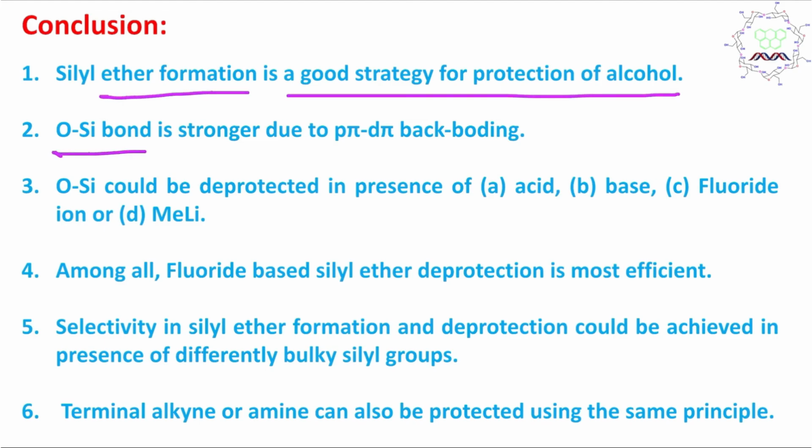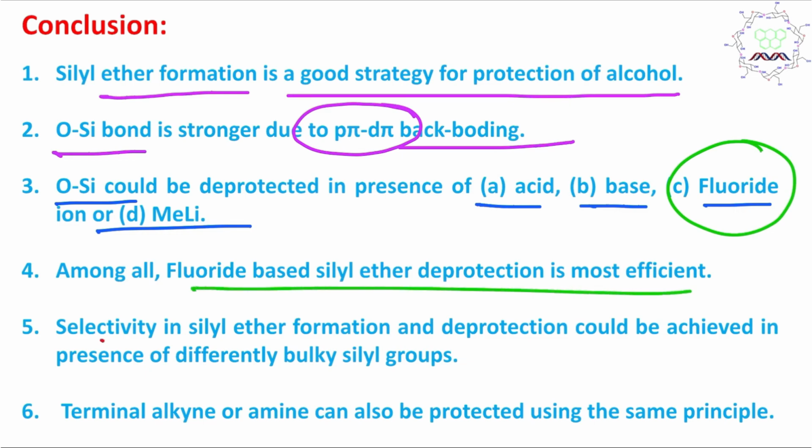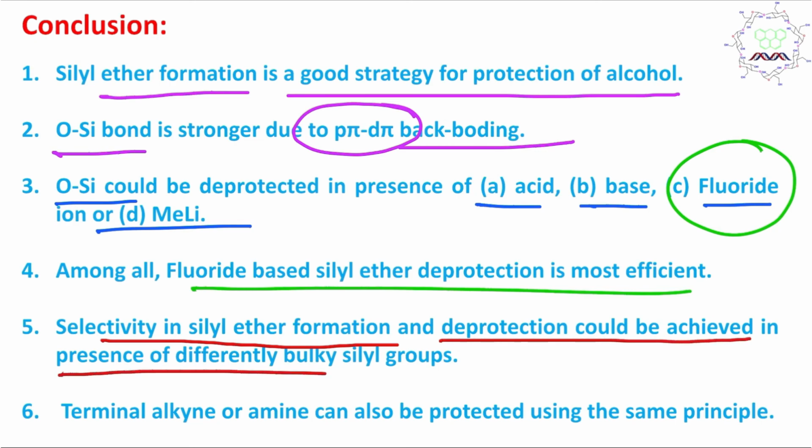The oxygen silicon bond is stronger due to pπ-dπ back bonding, and it can be deprotected in presence of either acid, base, fluoride or methyl lithium, and my personal choice is fluoride because of its milder reaction condition. Finally, the selectivity of silyl ether formation and deprotection can be achieved with differently bulky silyl groups. This gives the selectivity and advantage of this reaction. And finally, terminal alkynes or amines can also be protected using the same principle.